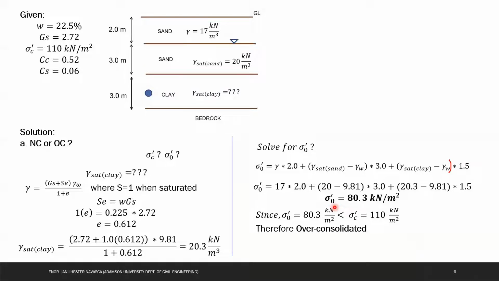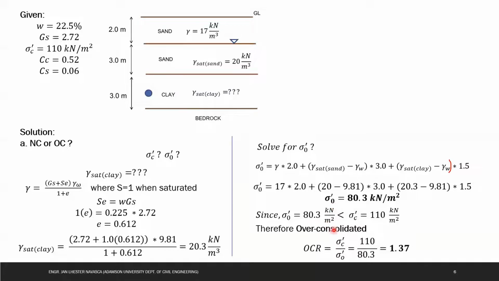Over consolidated if the pre-consolidation pressure is greater than the present overburden stress, or the present effective stress. So answering the problem, whether the soil is normally consolidated or over consolidated, our soil is over consolidated. Then solving for the over consolidation ratio.